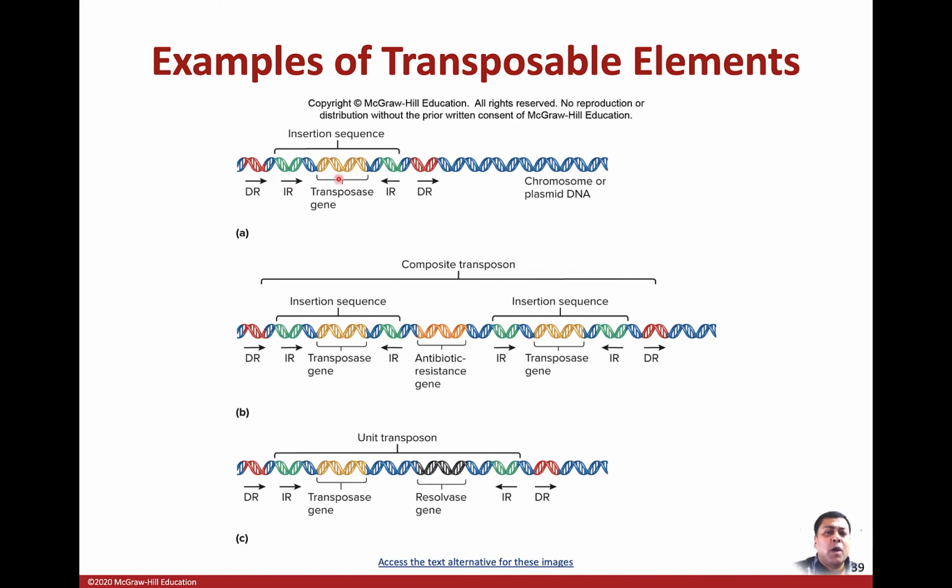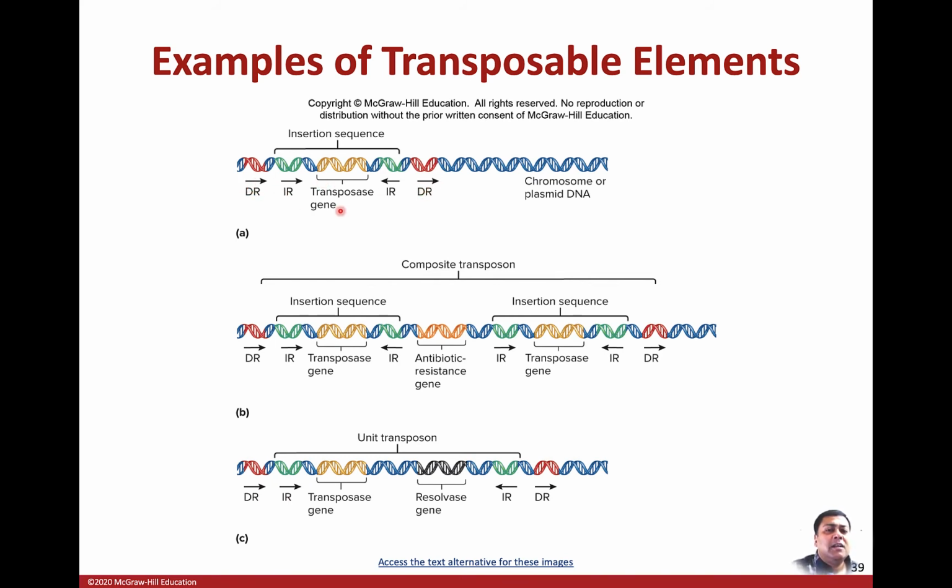The first one is the insertion sequence. This is the most common type. The insertion sequence has a transposase gene, and all of these transposons will have an inverted repeat flanking the region, and then a direct repeat in that orientation.